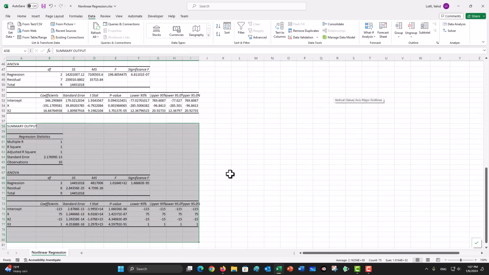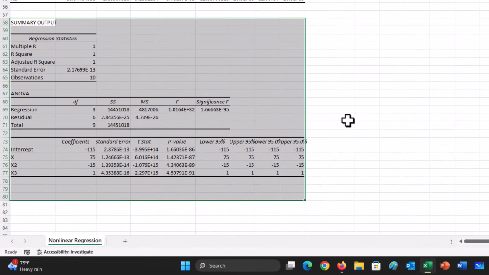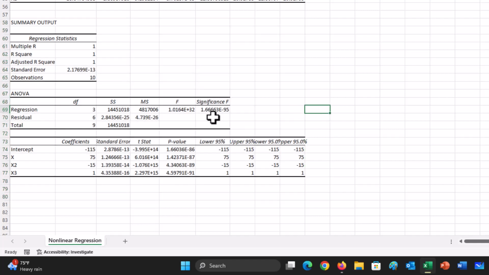And here we have our regression results. Once again, we can see that the p-value for the regression analysis is extremely small, almost near 0, which indicates that the regression function or estimate is statistically significant.